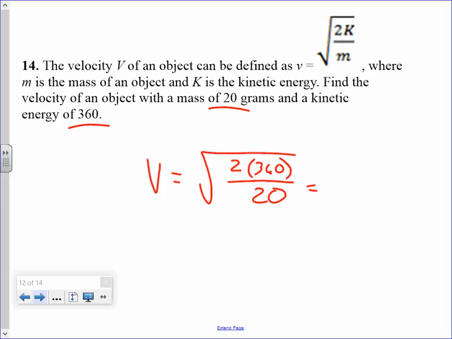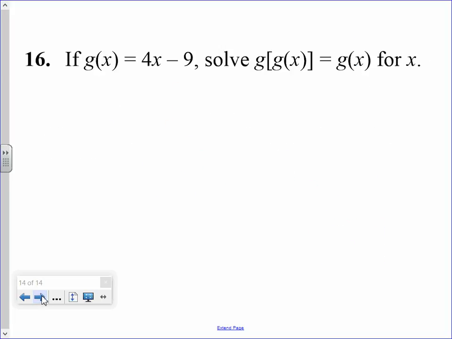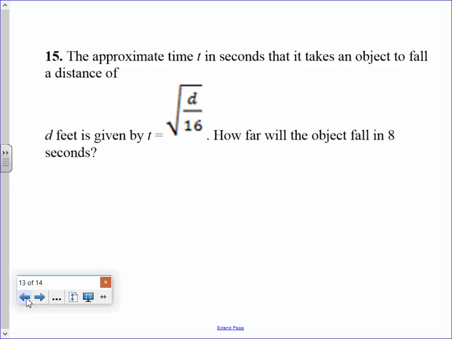Zeros cancel, the 2's cancel. I'm just looking at square root of 36, which is just 6. I don't know what units of measure you put velocity in. Some of y'all that are in physics probably know. Yeah, seconds. But it's 6 or whatever that is. 13, same thing. Or 15, same thing.